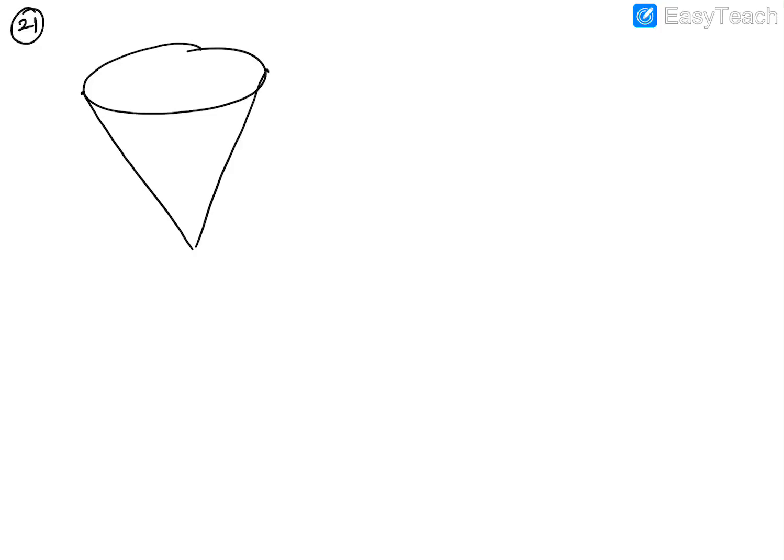So this is problem number 21. The vessel is in the form of an inverted cone. Its height is 11 centimeter and the radius of its top, which is open, is 2.5. So see, first we've got an open cone here. It's a hollow open cone.